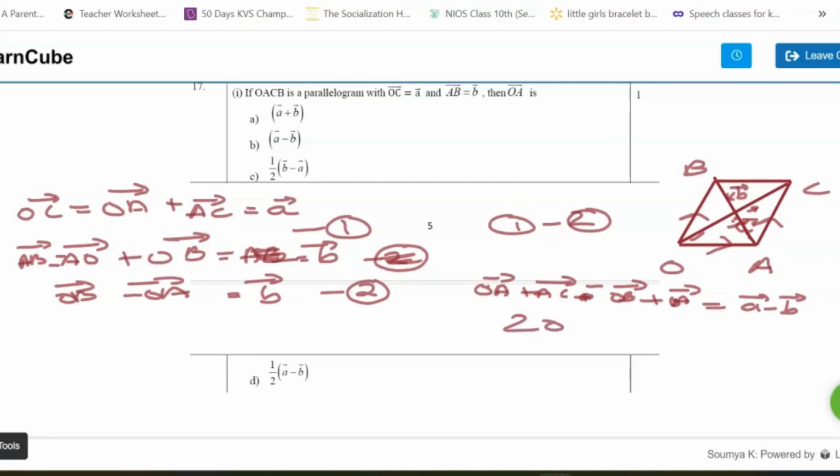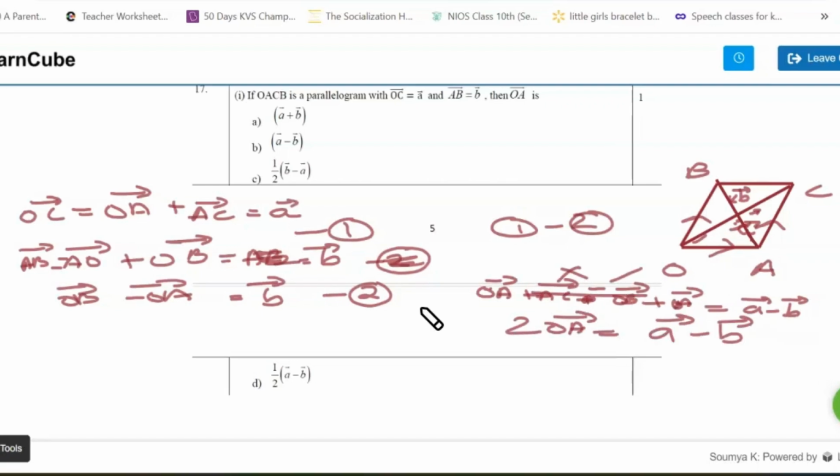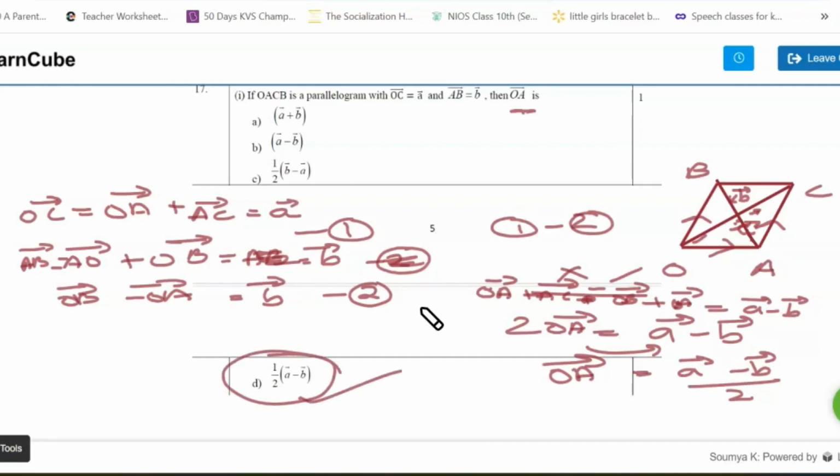So this will become 2 times OA, since this will get cancelled. This is what you get as the final result, and OA is equal to, this 2 goes down. So this is the final result of OA that is asked in the question. So which option is matching? Option D is matching in this case, this one.